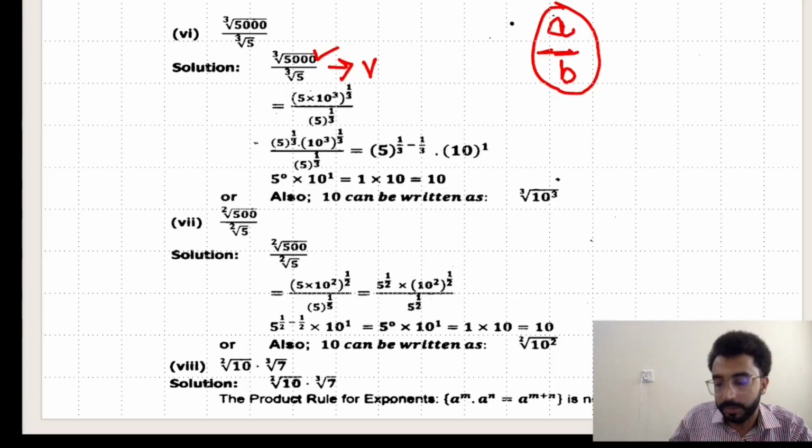This is our radical expression. Radical expression is given here.